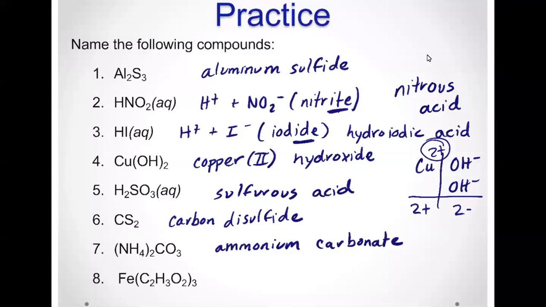That's a metal with the non-metal anion. That metal is a transition metal. So that's iron. There's 3 acetates, so that makes this iron(III) acetate. You have to know that the acetate ion is a -1. So it takes practice, lots and lots of practice.